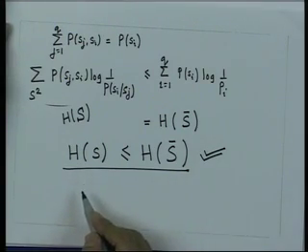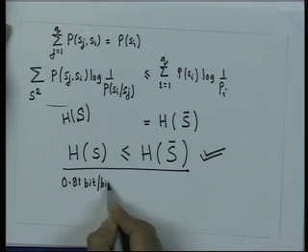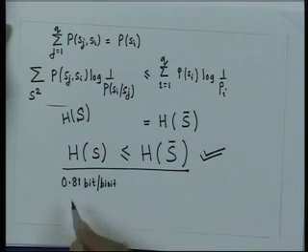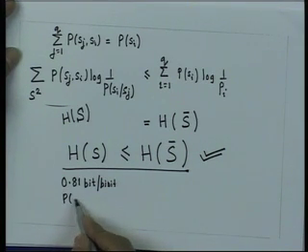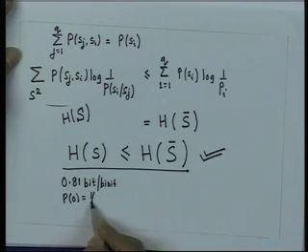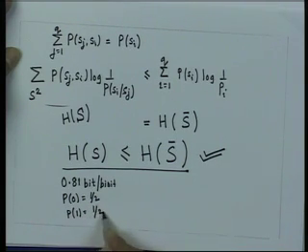Going back to our previous example, H of S we got as 0.81 bit per symbol, and for the same example we calculated the first order symbol probabilities: P0 half and P1 again half.